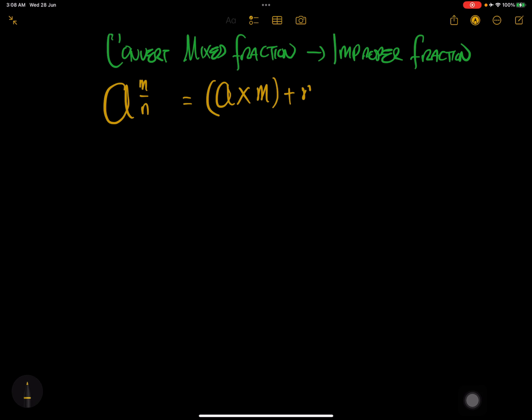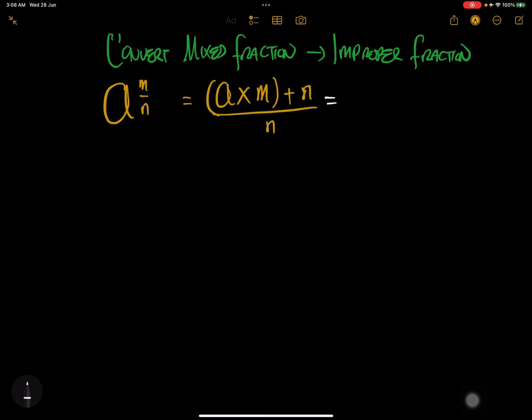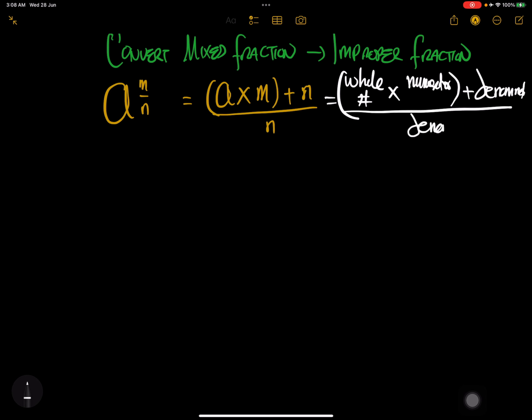Once we are done, we divide everything by the denominator. So that's how we go about it.